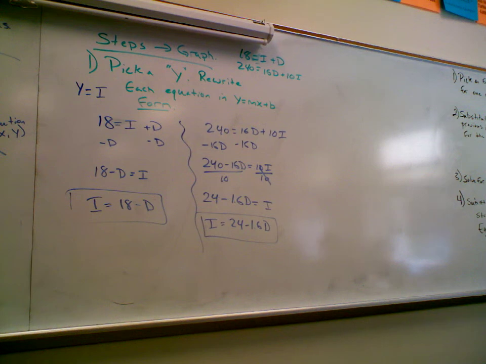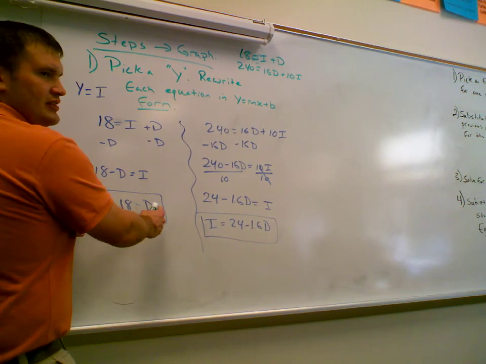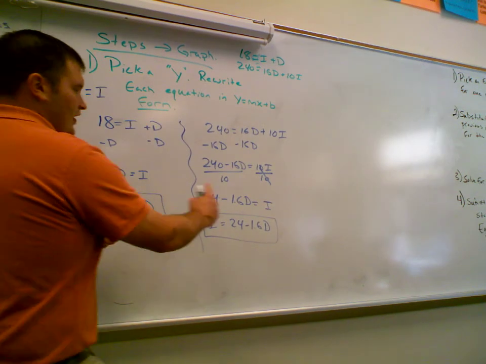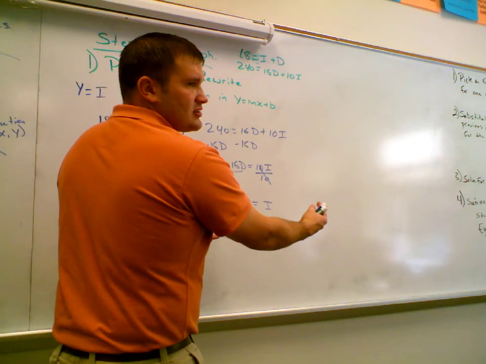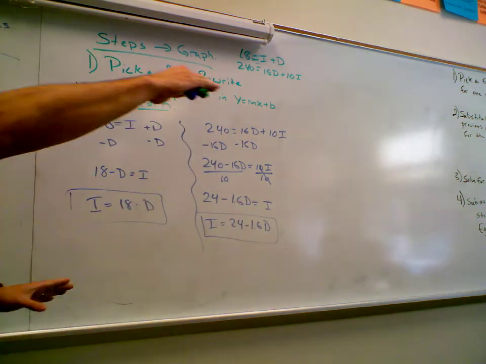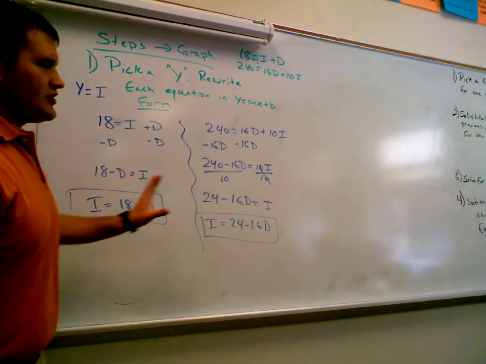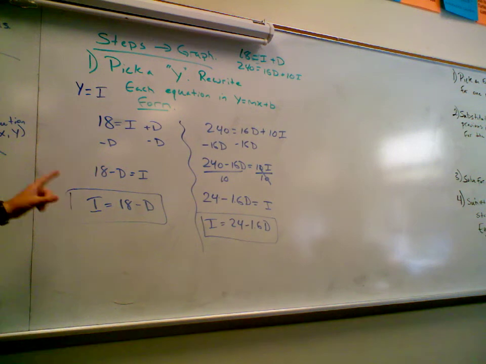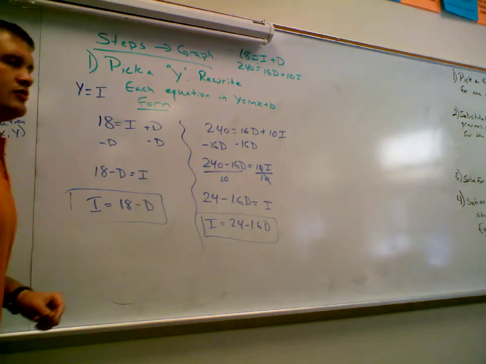Because if we solve for D once, then I equals D, where I is my Y and D is my X, right? If I solve for D once, then D would be my Y and I would be my X. So my axes wouldn't be the same. Does that make sense? So I want to solve for the same variable both times. That way, my Y is always I and my X is always D. Okay, good question.